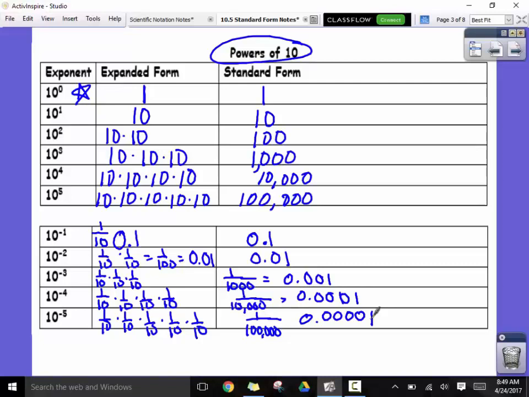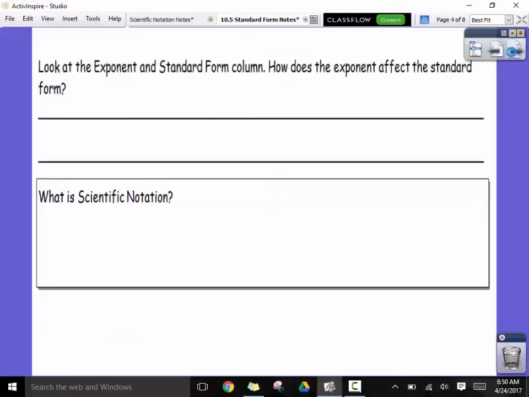So if you take a look at how this exponent is affecting the decimal, let me get the next page here. When you look at the exponent in the standard form column, how does the exponent affect the standard form?